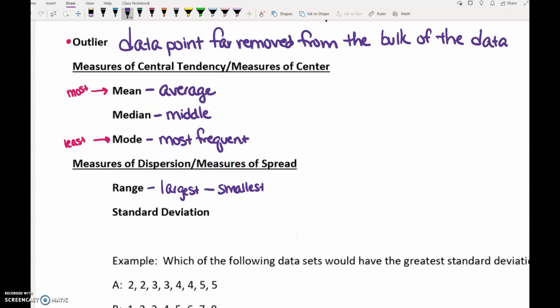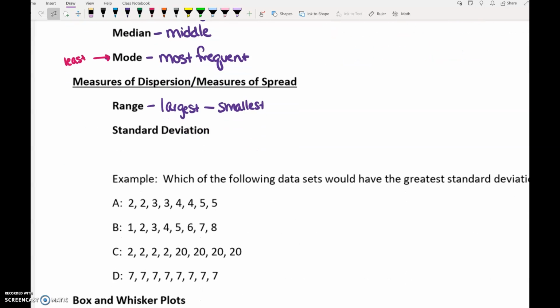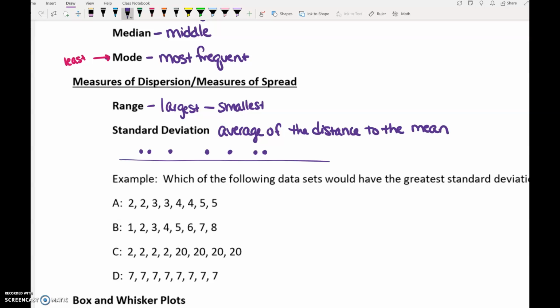Standard deviation is another one that measures how spread out the data is. Standard deviation is defined as the average of the distance to the mean. So let's say I have these data values on a number line and I know that my mean is right here.